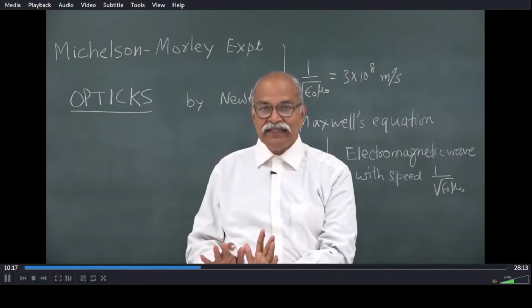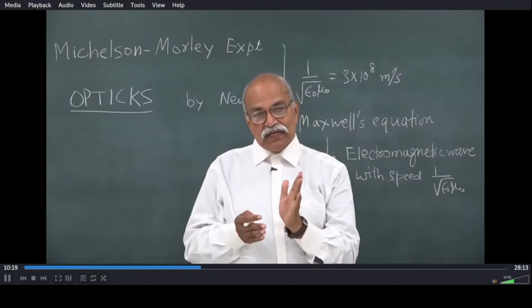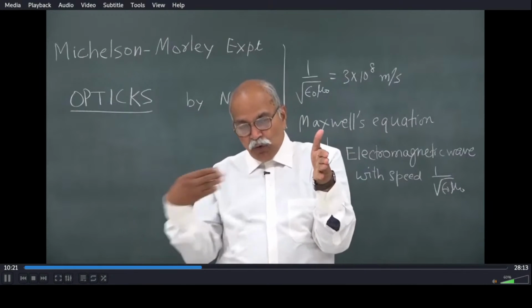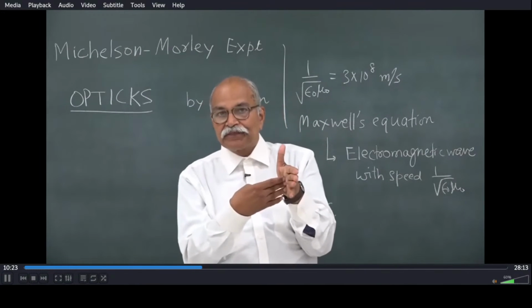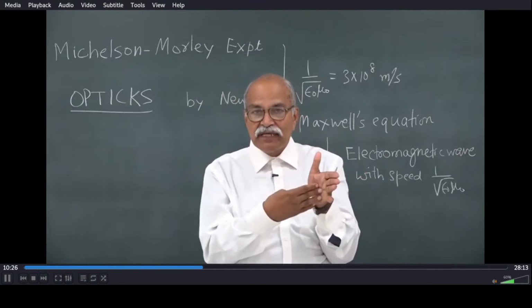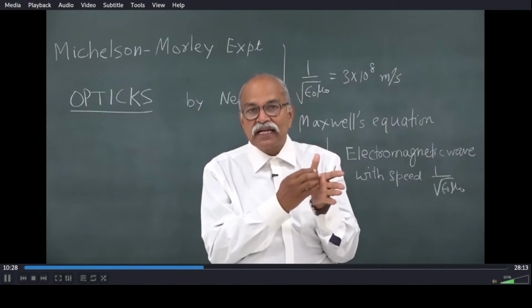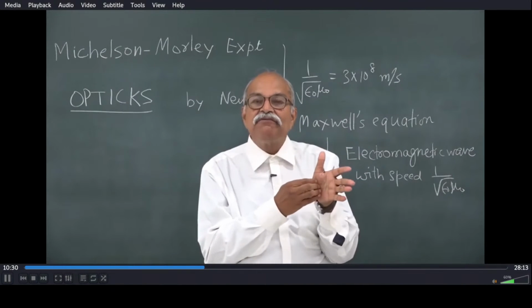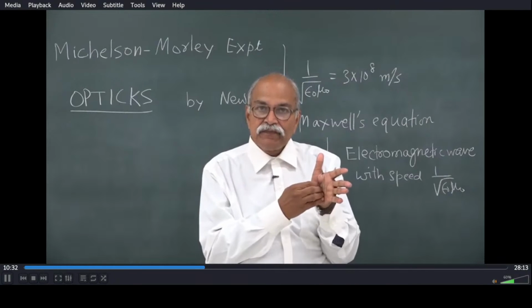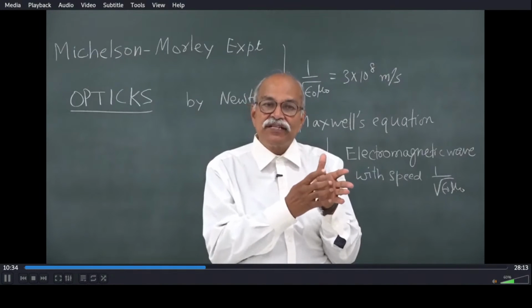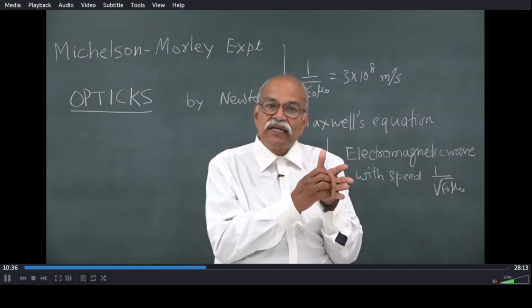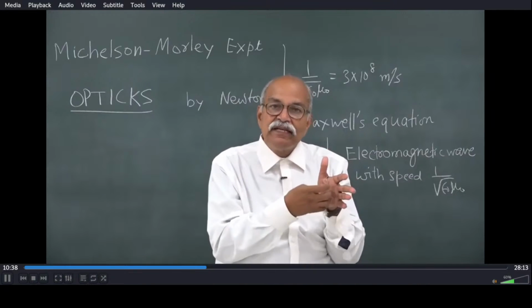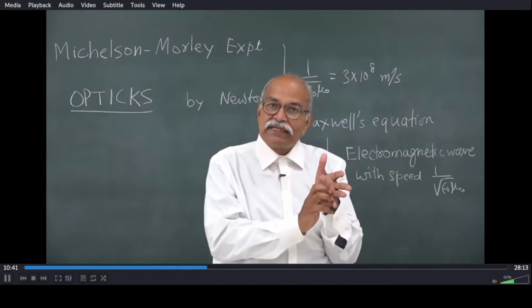Essentially, interference means that at the same place you have two waves coming in and superposing, and they have some kind of phase difference. Because of that phase difference, when they superpose, you can have a very large intensity or a very small intensity.